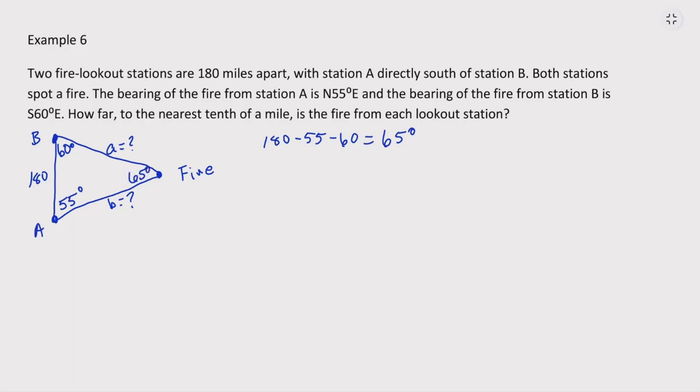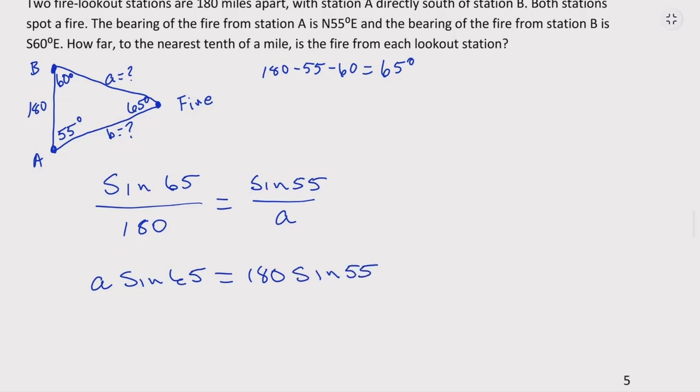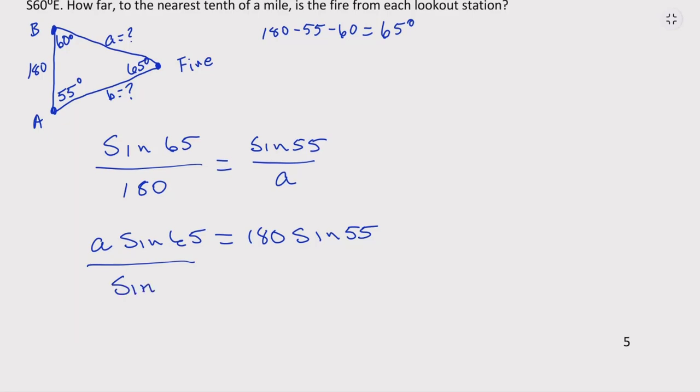And now we can do sine of 65, since we had side C, we needed that angle, over 180 equals sine of 55 over A. So this would be A sine of 65 equals 180 sine of 55 divided by the sine of 65, and A is going to be 162.7.